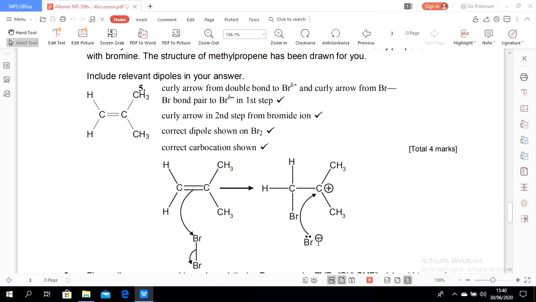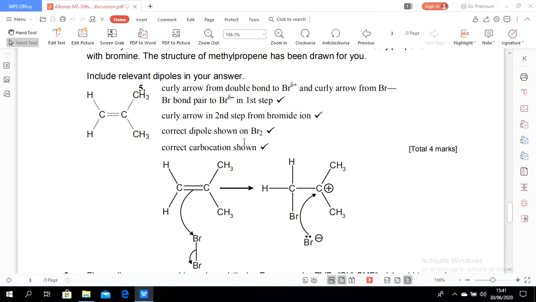This bromine, which is a nucleophile, has an extra pair of electrons. This pair of electrons can be donated to the carbon. It is a dative covalent bond. So what is important here?